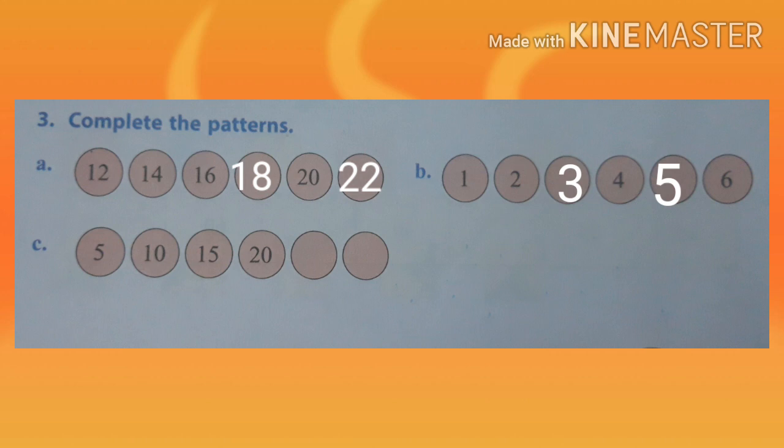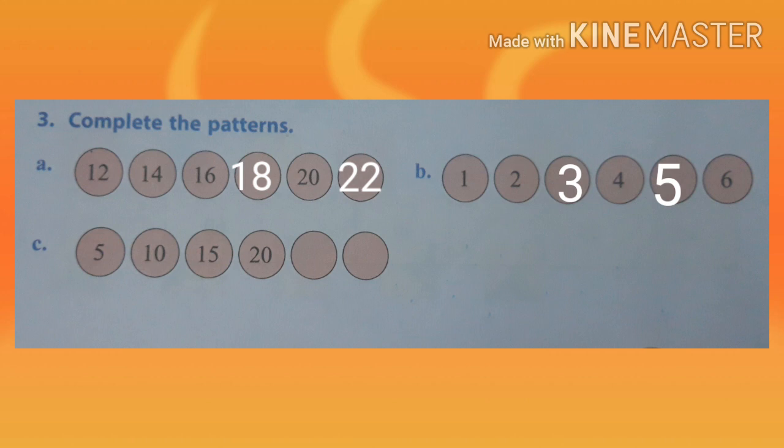Then the next pattern, 5, 10, 15, 20. Then 2 blanks are given that you have to fill. So, when you notice it, you can find that 5 is added to a number to get the next number. Yes.